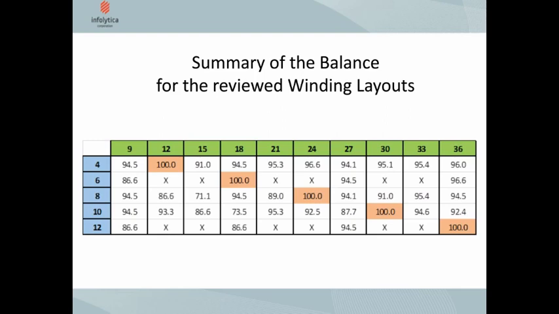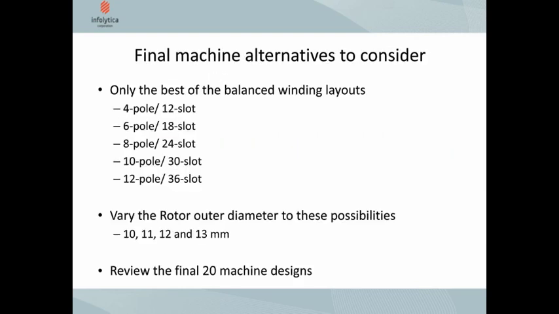And to put our best foot forward, I have decided to use those that had 100% balanced winding in our configuration. And you can see here that that means we have a 4-pole 12 slot, a 6-pole 18 slot, an 8-pole 24 slot, a 10-pole 30 slot, and our final configuration series, a 12-pole 36 slot.